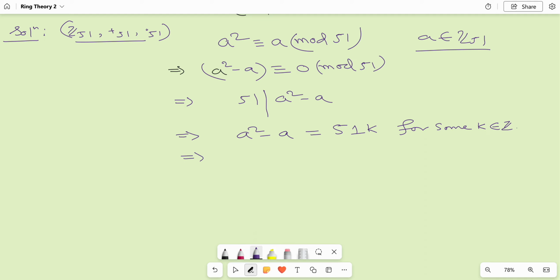What does it mean? This implies that a into a minus 1 is 3 into 17 into k for some k inside Z, right?